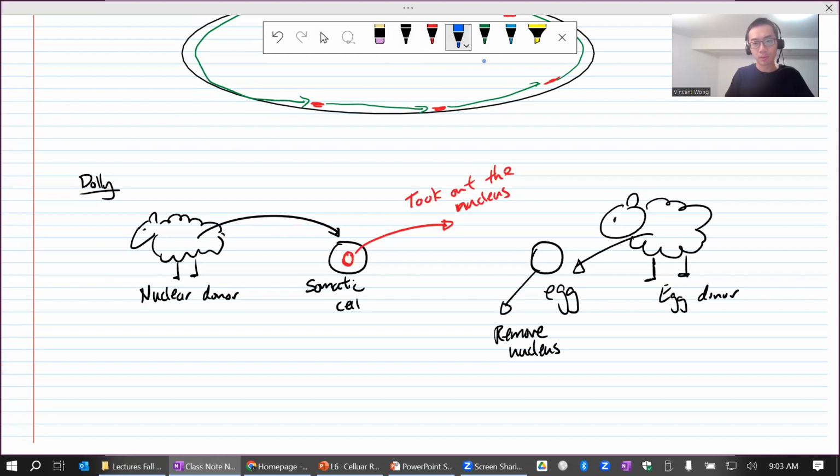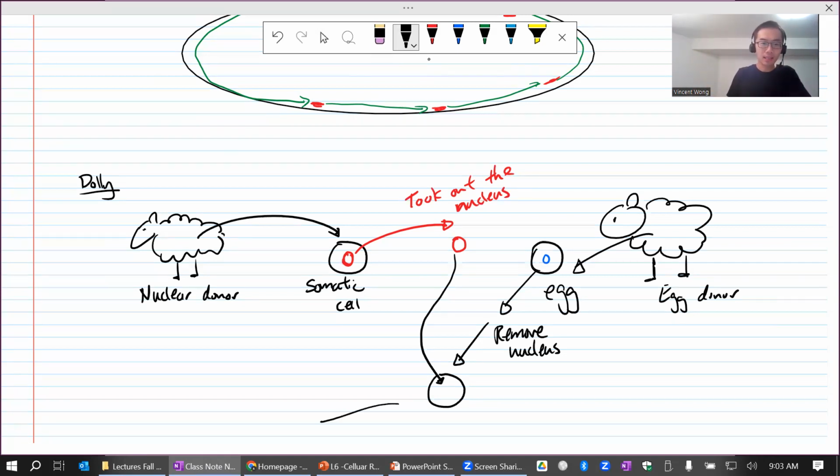Let's put the nucleus here. They remove the nucleus, and then that's just the shell. And here they took the nucleus, so just the inside. And what happens is they put the nucleus of the donor into the egg of the other sheep.